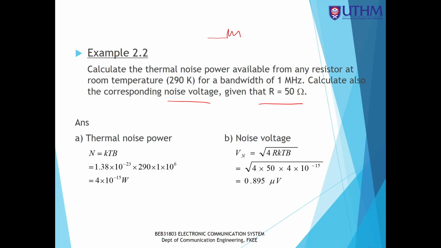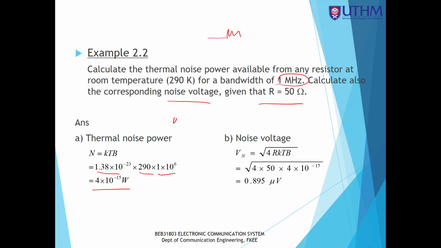Thermal noise power is KTB: K is 1.38 multiplied by 10 to the power of minus 23, multiplied by the temperature and the bandwidth. The bandwidth is given as 1 mega. So you get 4 times 10 to the power of minus 15 watt noise power.